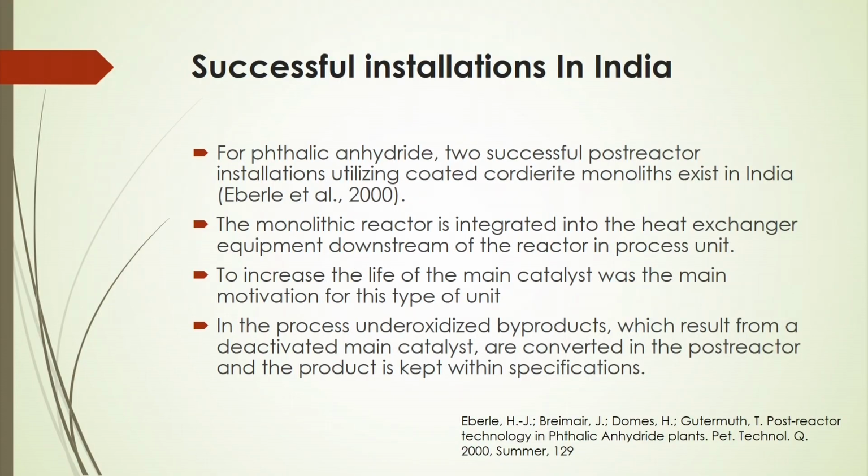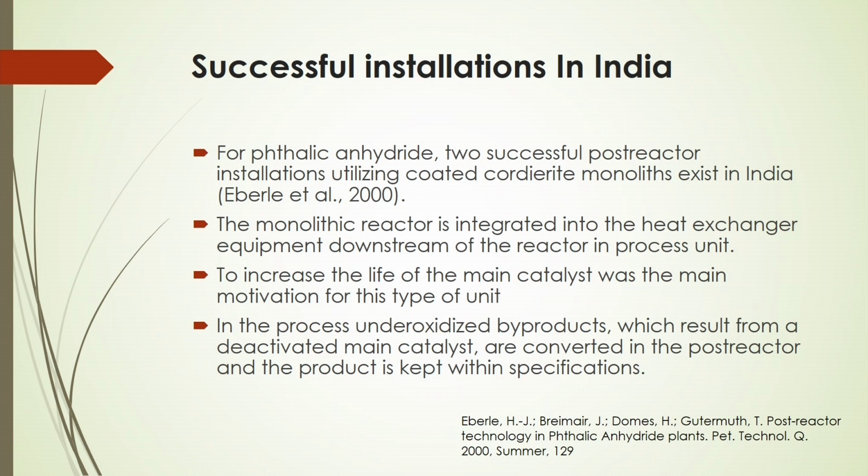So they were looking for an increase in the life of the main catalyst, and they used this type of monolithic structure, and successfully installed it to carry out these chemical reactions for this particular process. And in the process it is seen that under-oxidized byproducts, which result from a deactivated main catalyst, are converted in the post reactor, and the product is kept within the specifications.